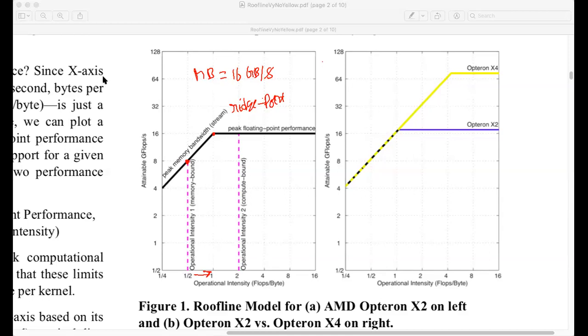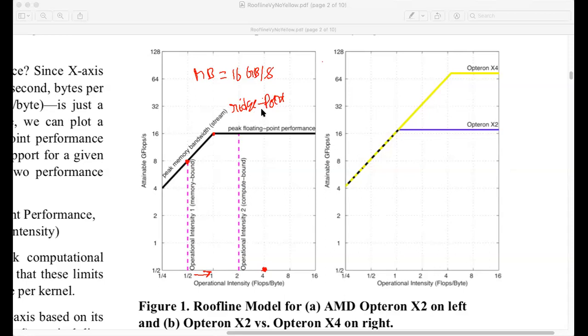Okay, so quick question. Let's see how you are doing. Let's say there is a program whose operational intensity is 4. So there is one particular program, and its operational intensity is here.